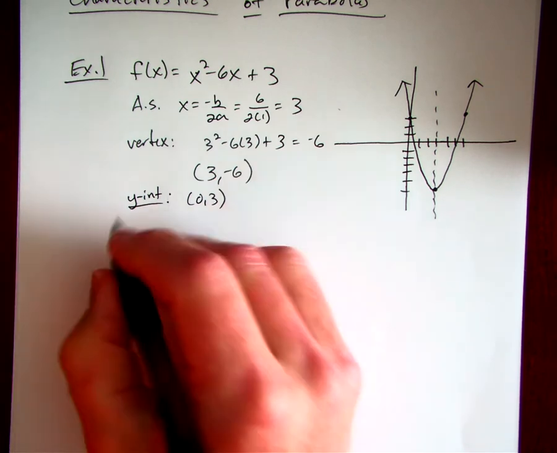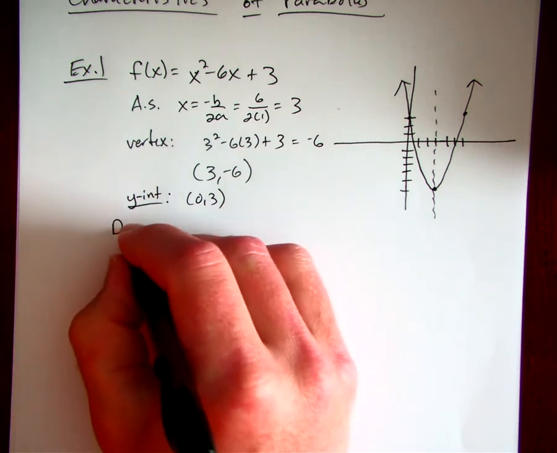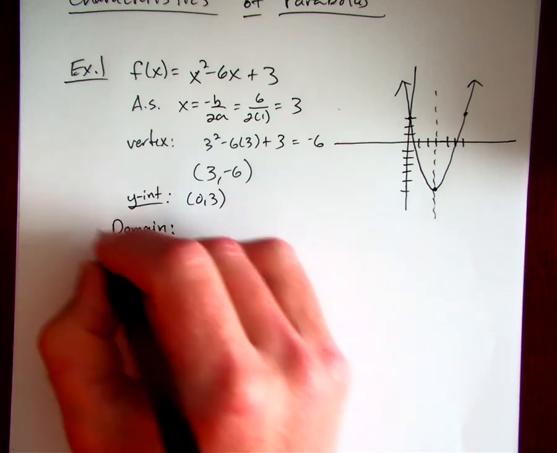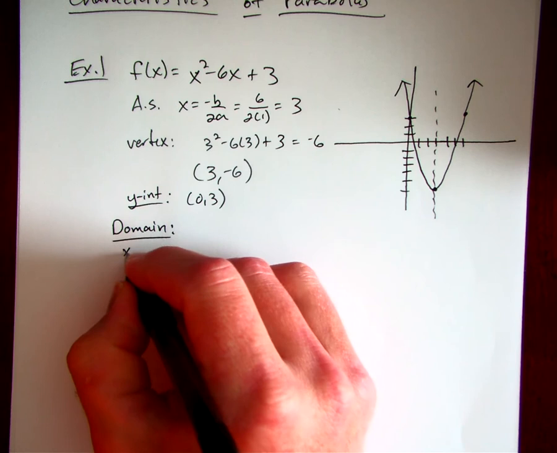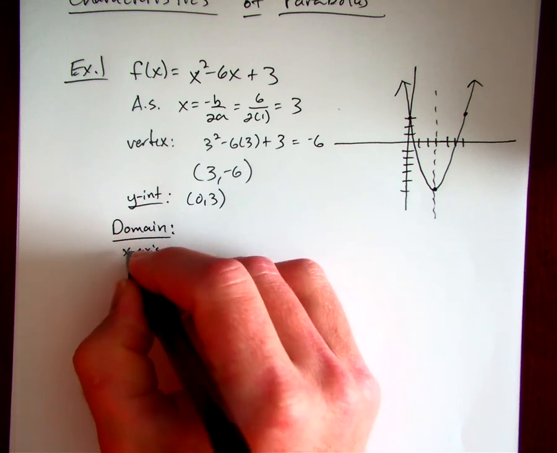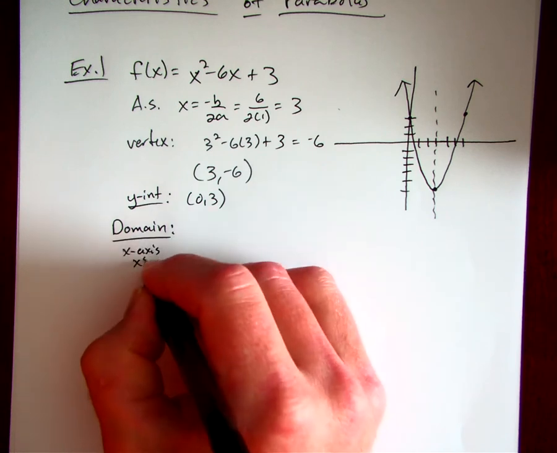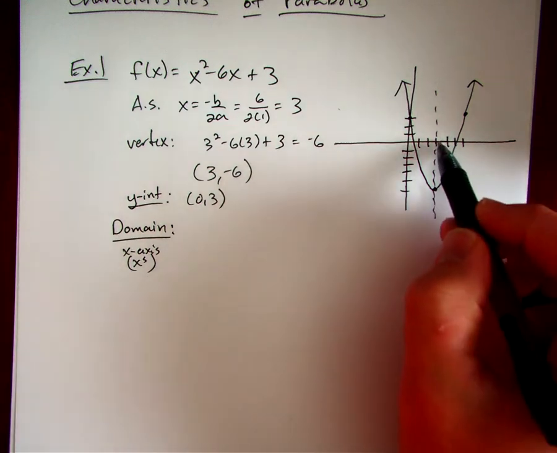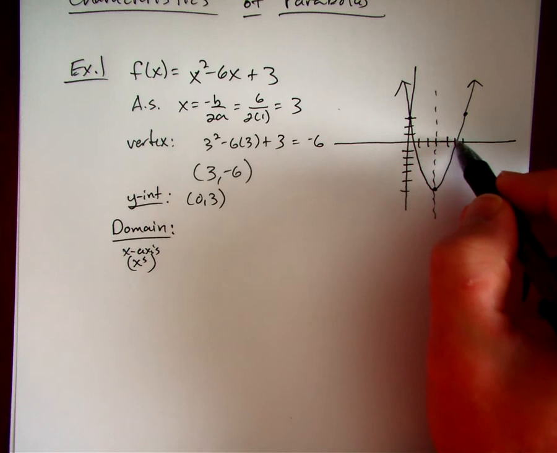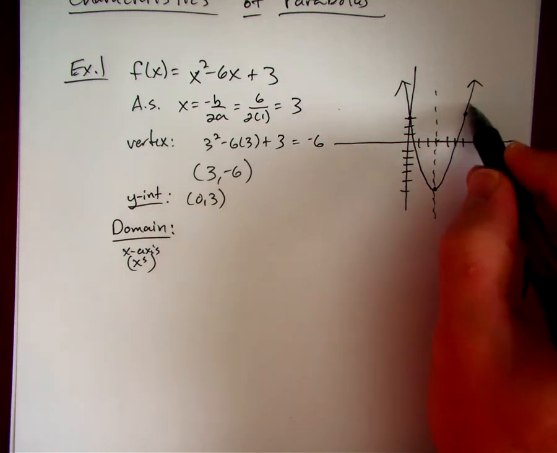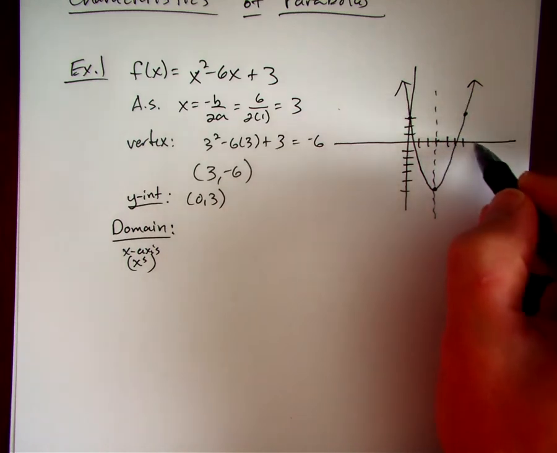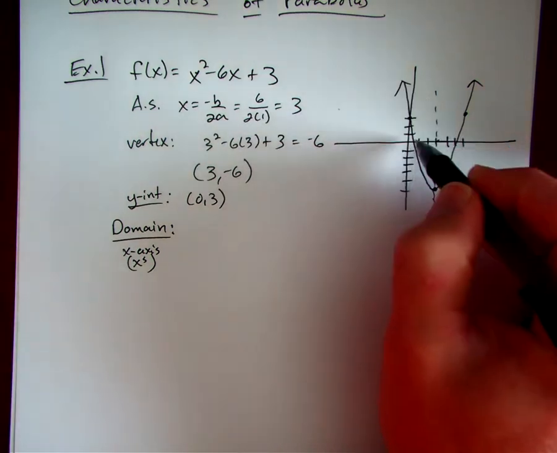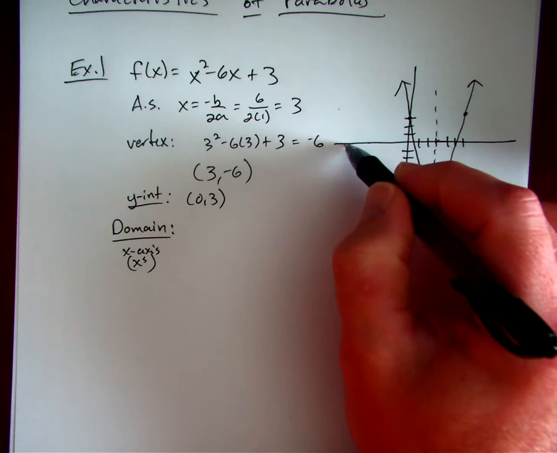Let's first of all talk about domain. These are all blanks that you're going to have to answer when it comes to test time, quiz time, you name it. So domain. First of all, domain is all about the x-axis. Or, it's really all about the x's. So what you have to ask yourself is, as this graph is going up, does it also go out on the x-axis to the left?